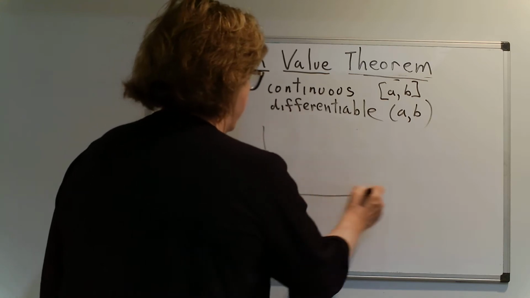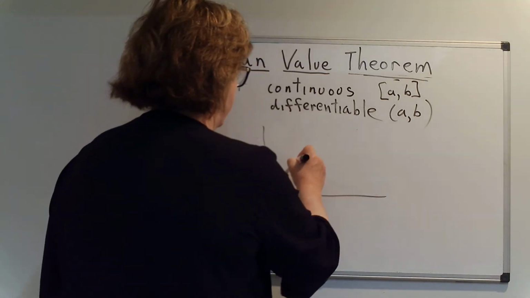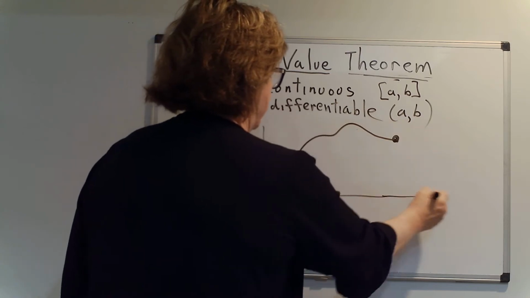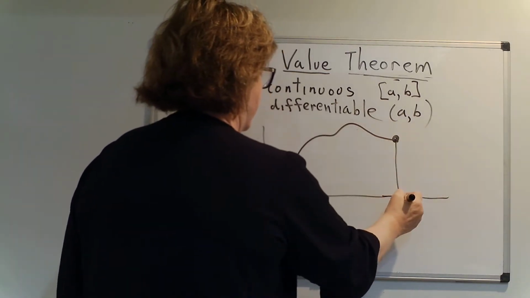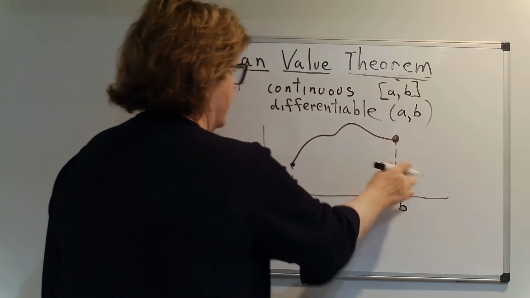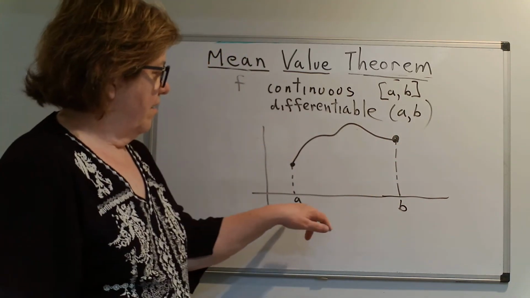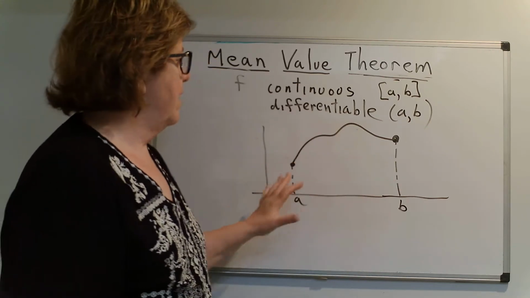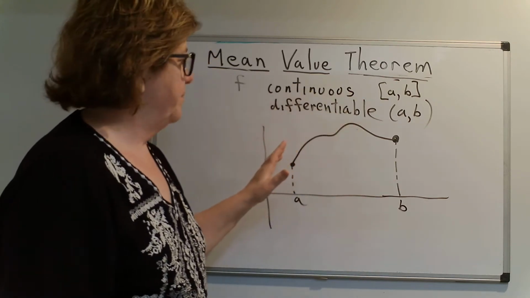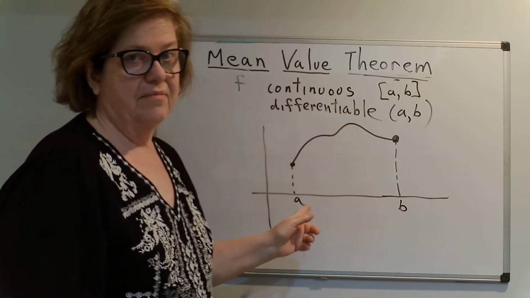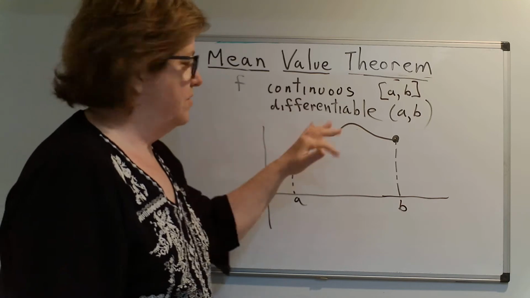How about we say it looks something like this? So on the interval a to b, the closed interval, it's defined throughout, it's continuous, it's differentiable between a and b, no problem there, it's a nice smooth curve.